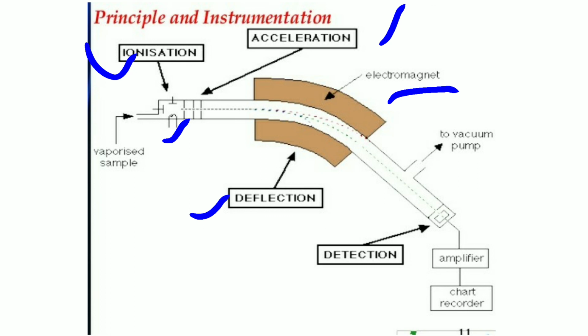In the electromagnetic chamber, the ions get deflected into different streams, and then after deflection these ions get detected. The ions pass into the metallic box, where they bombard that metal, and a number of electrons are formed. These electrons form electrical energy, which can be amplified and measured by the amplifier, and which is recorded in the chart recorder.